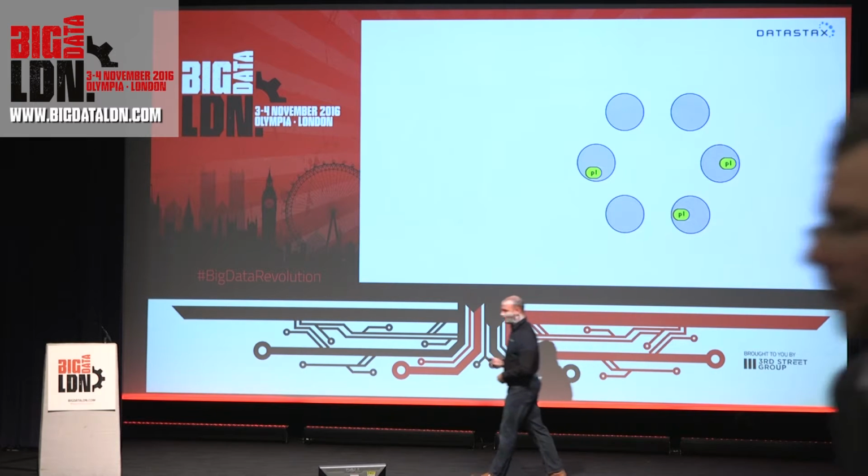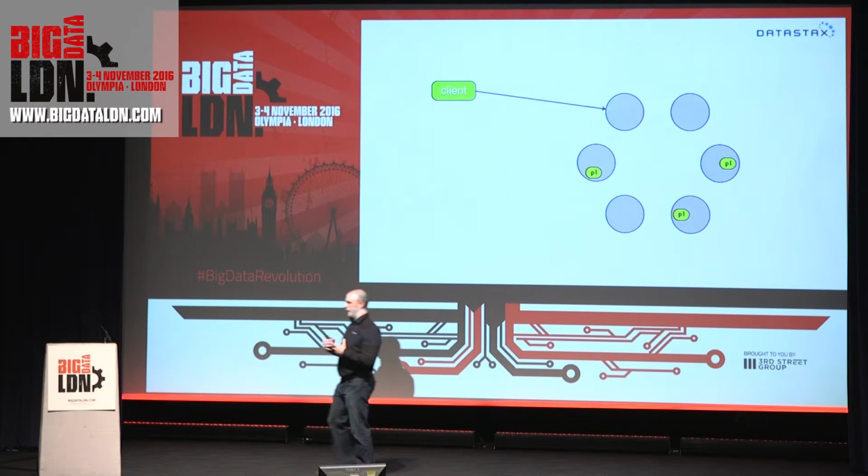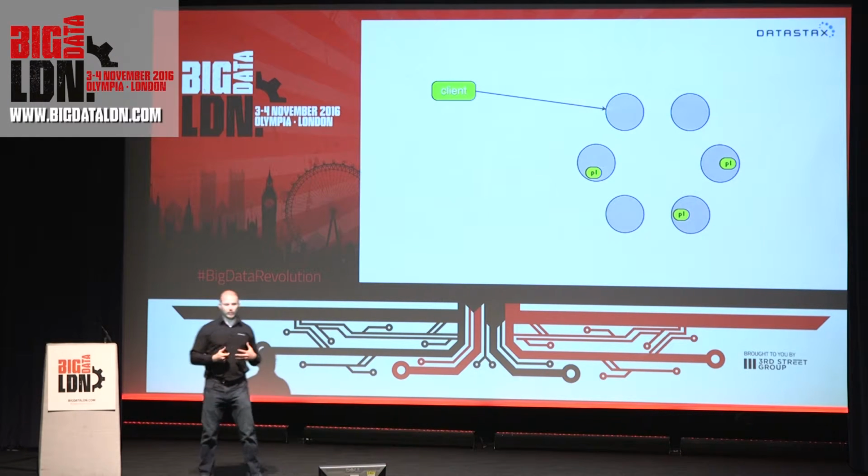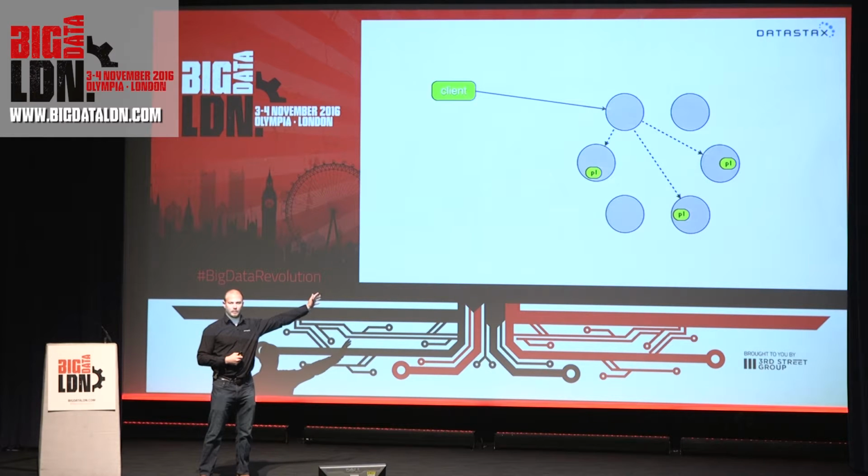And so what we ended up with was a system where any node in the cluster knows how to route a request to the machines that own a piece of data. We've gotten rid of the need for a routing layer because it's built into the cluster. It's part of the replication design.